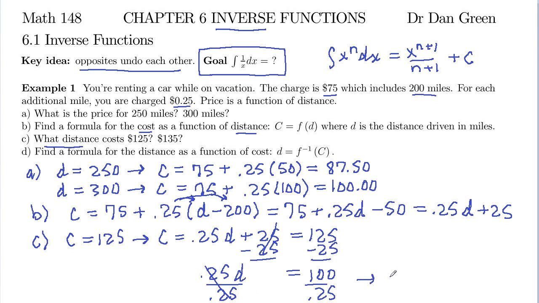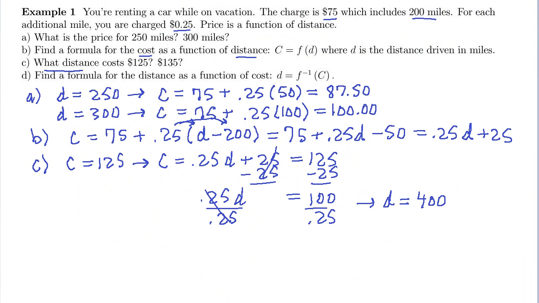So this is going to give us a distance here of 100 divided by 0.25. That's 100 divided by a fourth. It's the same as multiplying by 4. So that's 400. So a distance of 400 miles is going to cost $125. So let's do it again here with 135.